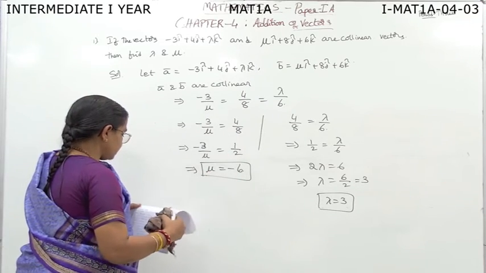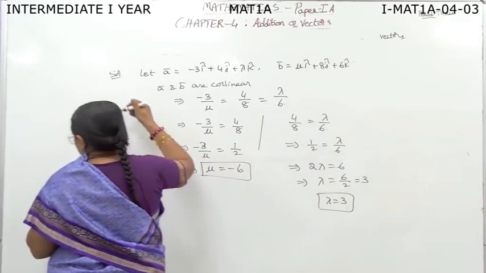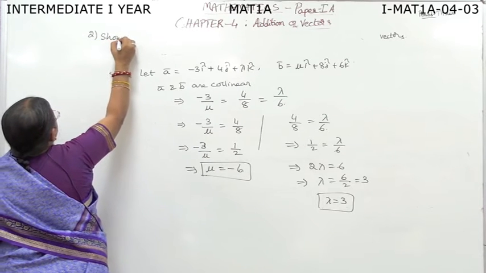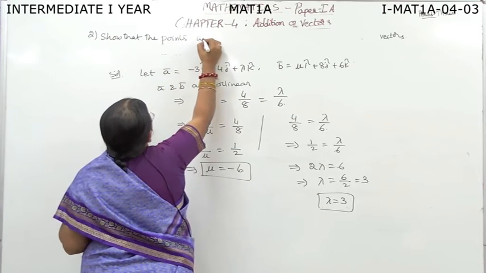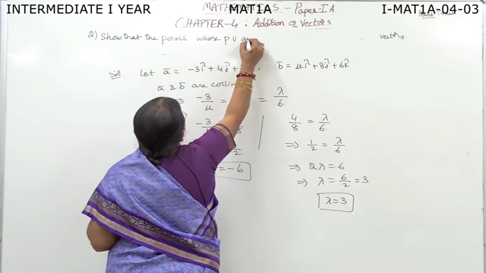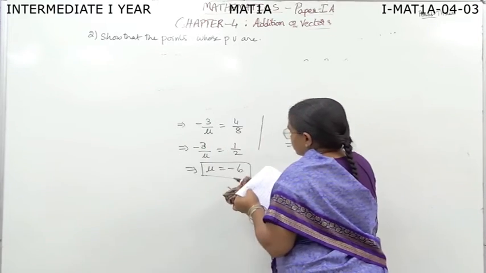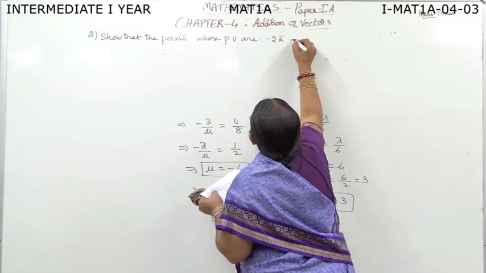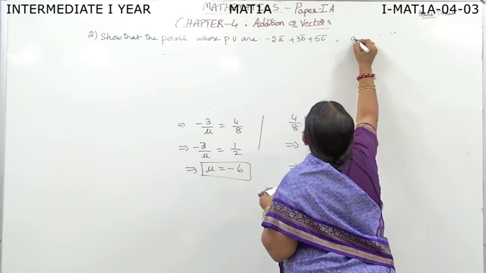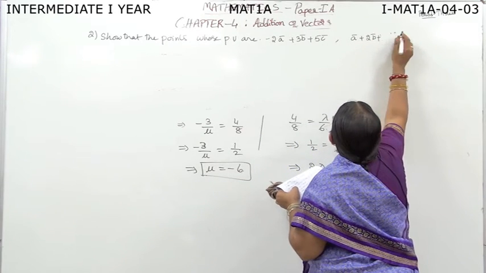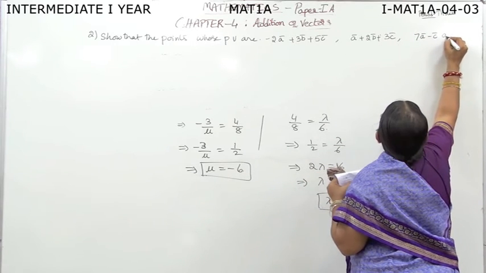The next problem is: show that the points whose position vectors are minus 2a plus 3b plus 5c, a plus 2b plus 3c, and 7a minus c are collinear.